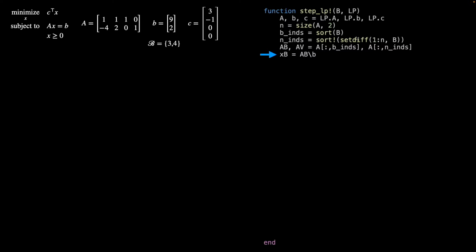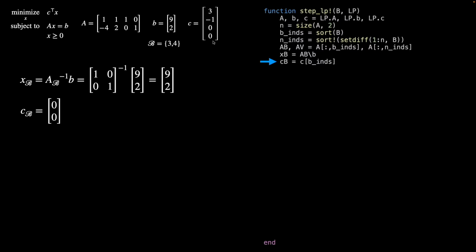So basically all we're saying here is take whatever components in 1 to n that are not inside of our basis and then sort them. Okay? We extract the columns of A corresponding to the basis and the free, and then we solve for x basis here. To solve for x basis, notice A basis is just the third and fourth columns of A. We're taking the inverse of that and then multiplying by b. So we just get 9, 2 for x basis.